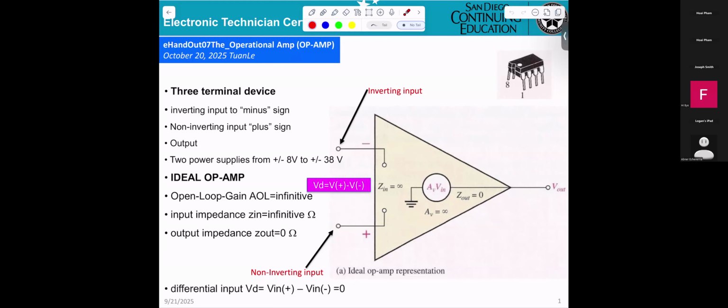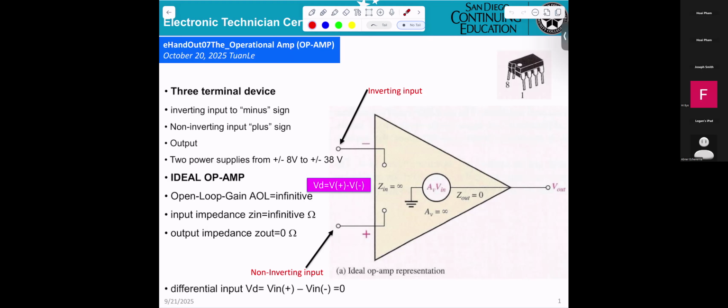Okay, so today we're talking about the op-amp differential amplifier. It has three terminals: the input with the minus side, the non-inverting input with the plus side. That's what they're talking about here: input positive, input negative, and the one output.